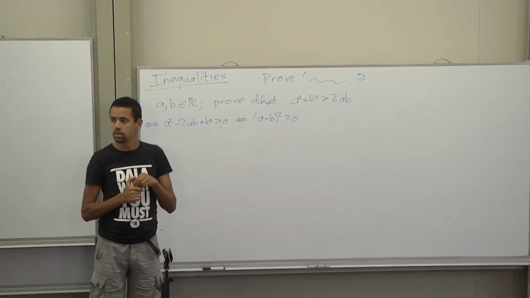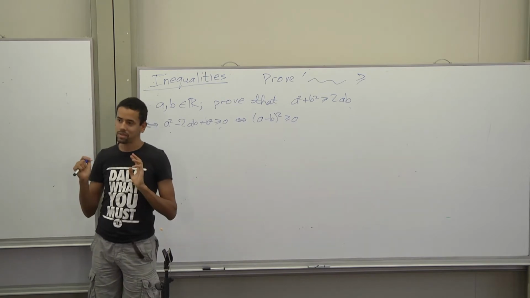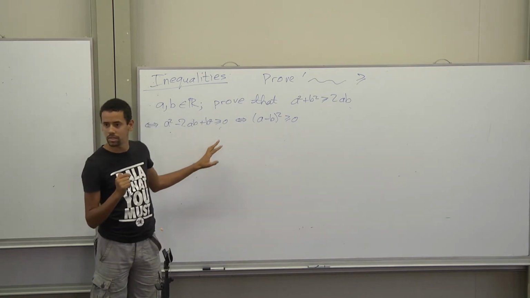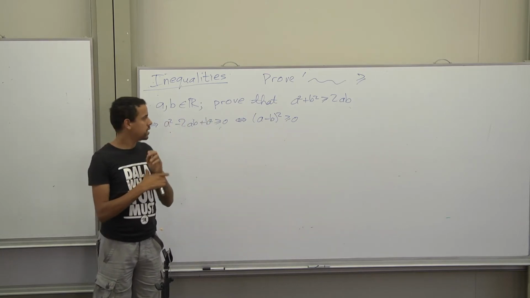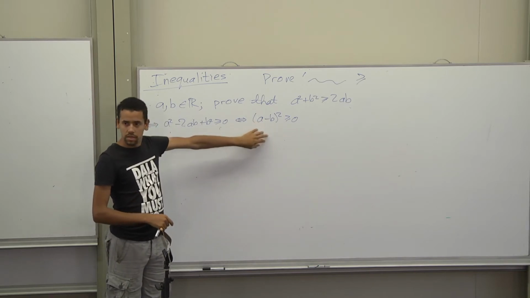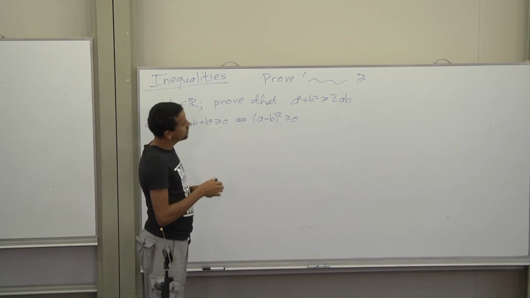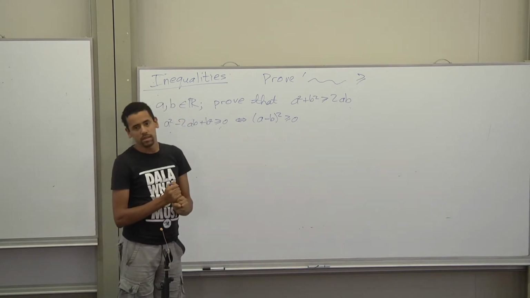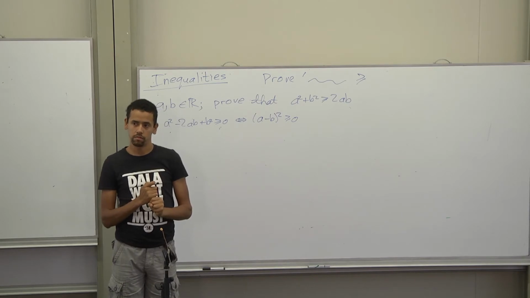In the reals. It's very rare that you have an inequality that has to do with stuff that's outside of the real numbers. So the square of any real number is greater than or equal to 0, and that is almost the basis of every other inequality you can come up with.